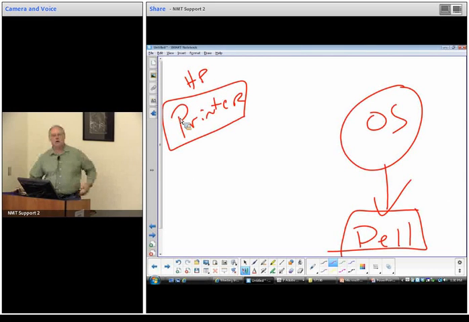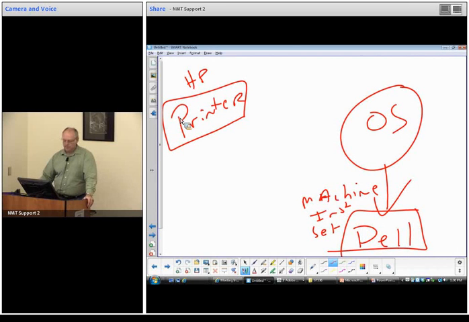Well, Dell hardware has a certain machine instruction set. Apple hardware has a different machine instruction set. Every hardware manufacturer has a different instruction set. And the OS has to be able to talk that language, if you will.